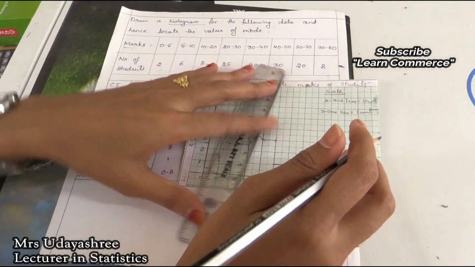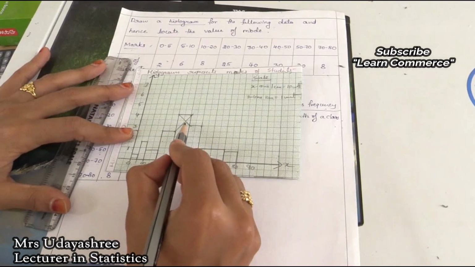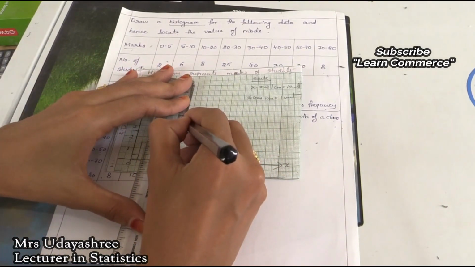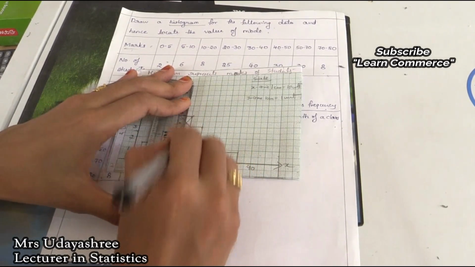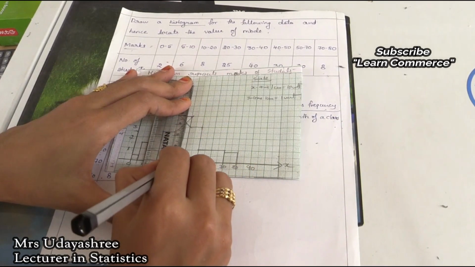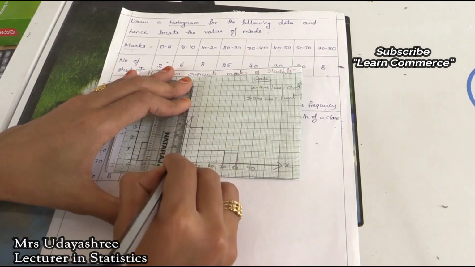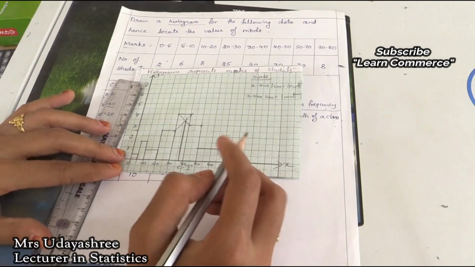And after that, from this intersection we need to draw one straight line, like this.